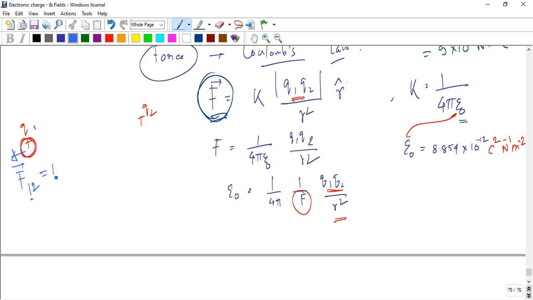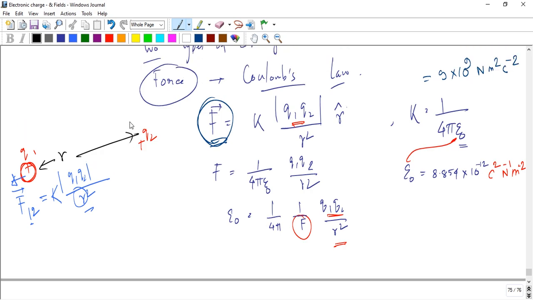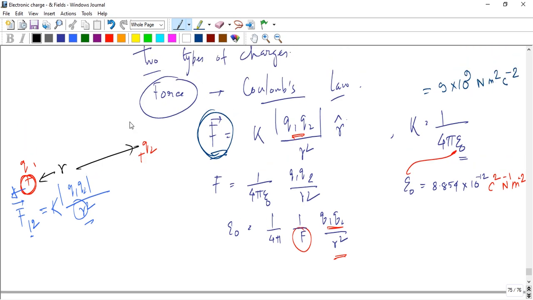F12 is equal to some constant K, Q1 Q2, doesn't matter their polarities or sign, over R square, where R is the separation between the two charges. Mainly here we know Coulomb's law and electrostatic force. These forces are attractive, and also repulsive.